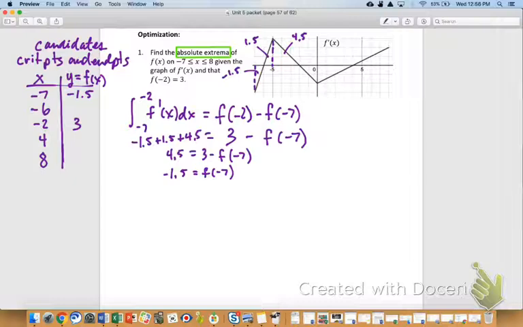So I'm going to start working on -6 here in just a minute. And take a peek if you want.